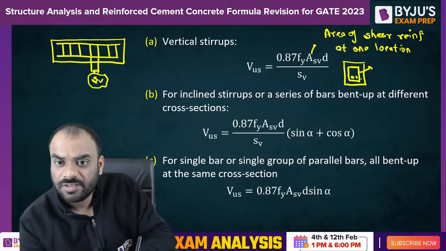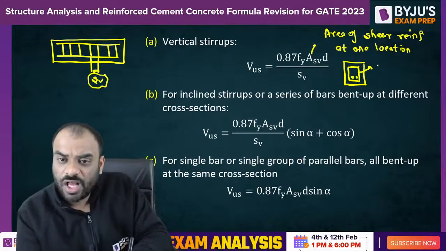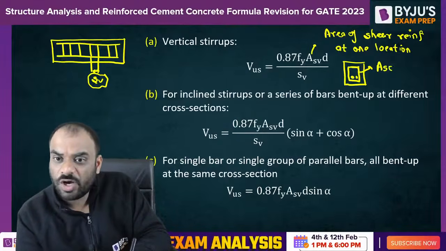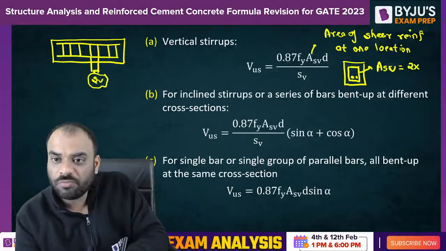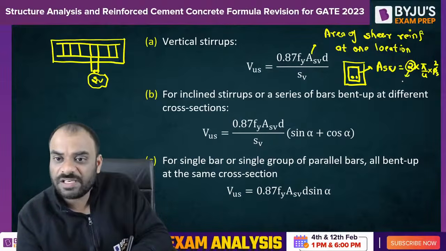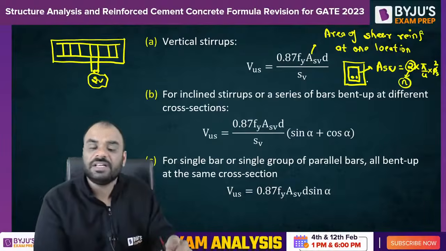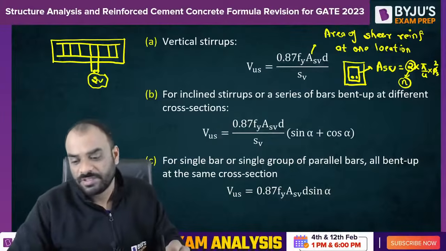And this is our AST part. So how can you calculate ASV? How many legs are there? 2. So you need to write 2 multiplied by pi by 4 into dia of shear reinforcement square. So this 2 is nothing but the number of legs present in this particular shear reinforcement.